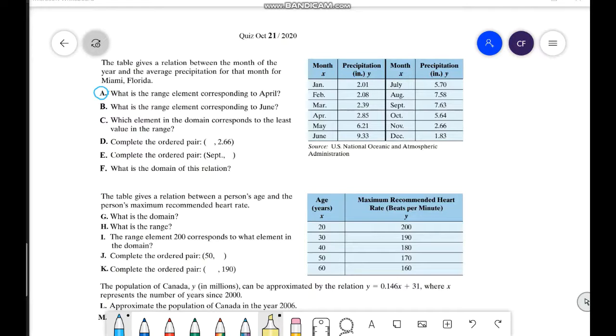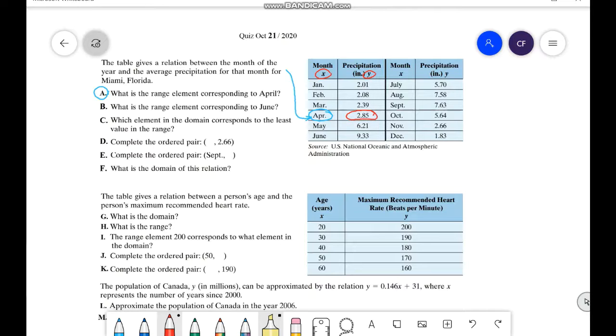What is the range element corresponding to April? So we go here to the table, find April. April is here. And the range, X, you remember X is the domain and Y is the range, right? So the range is going to be this element here, 2.85.